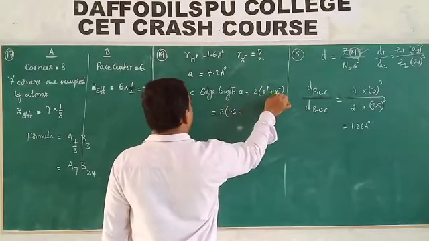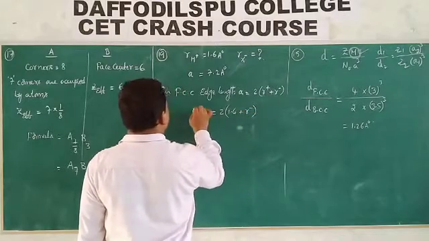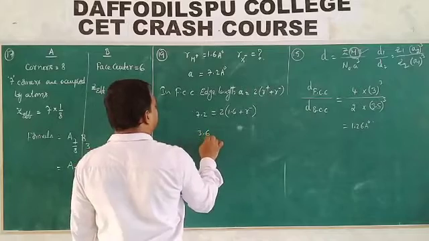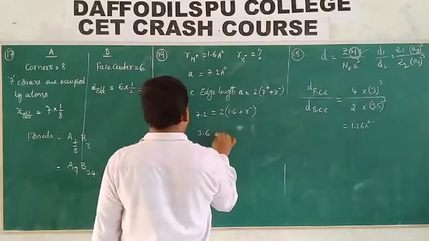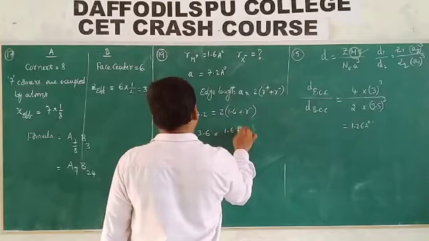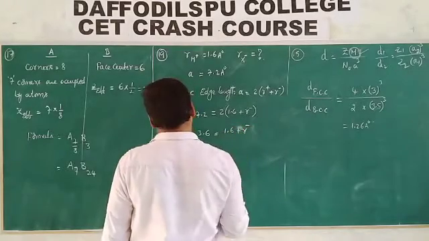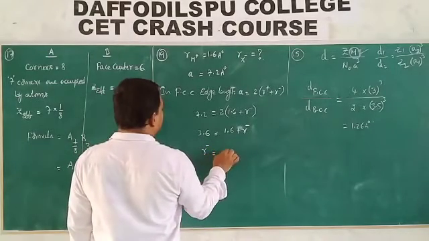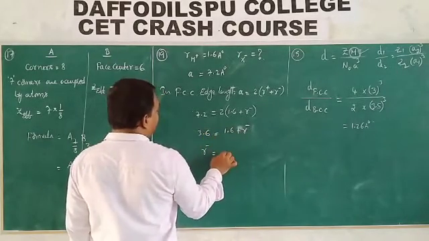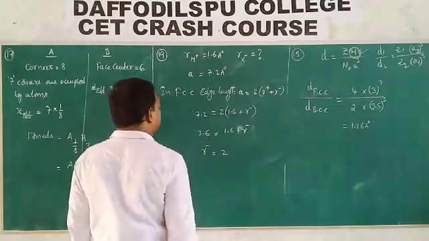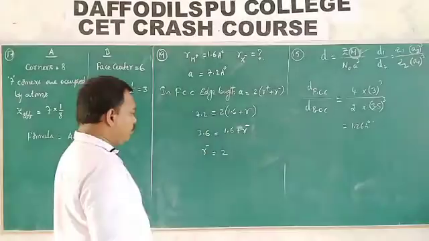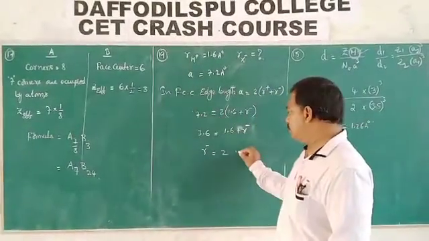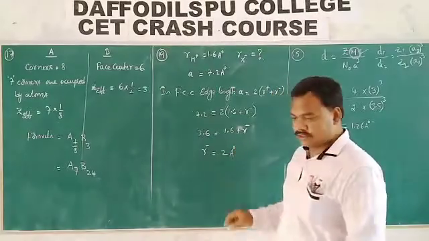We have to calculate that. This edge length is 7.2, so it becomes 3.6 equal to 1.6 plus r-. So r- is equal to 3.6 minus 1.6, which becomes 2. So the radius of anion is 2 angstroms.